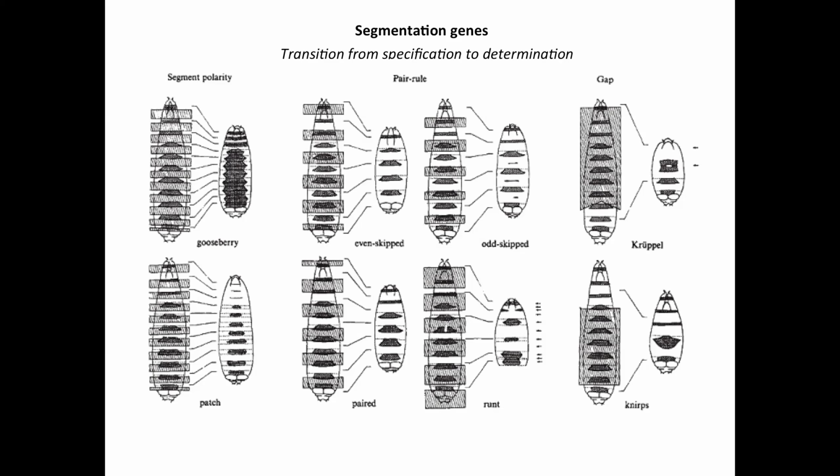Because what signaling will do, okay, I have even-skipped and I have very high even-skipped, and I'm going to make a lot of wingless. And as I make wingless, I will release it. And as I release it, my neighboring cells will be sensing wingless. And in those cells, I will block the expression of genes that are going to be necessary for bristle formation.